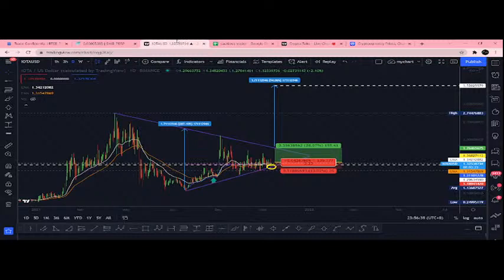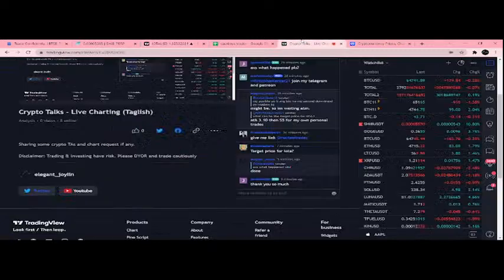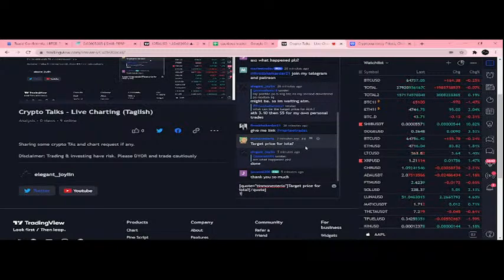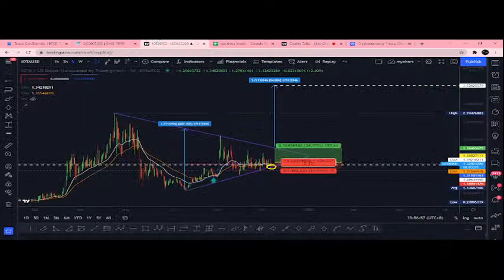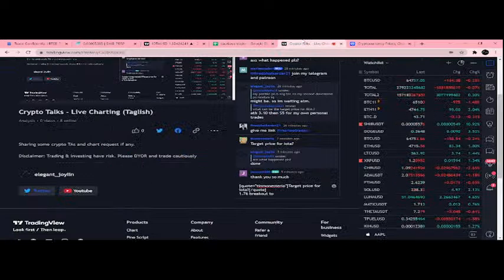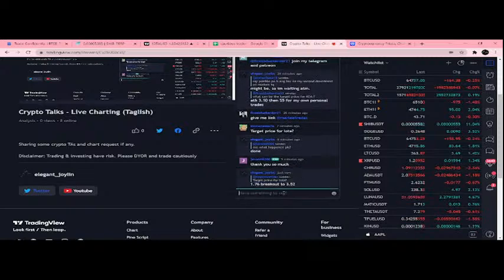Yeah, initially, target natin 1.76 muna. Pag nag-breakout, then we'll adjust it to that 3.52. 1.76 breakout to 3.52. So, I think yun na siya.